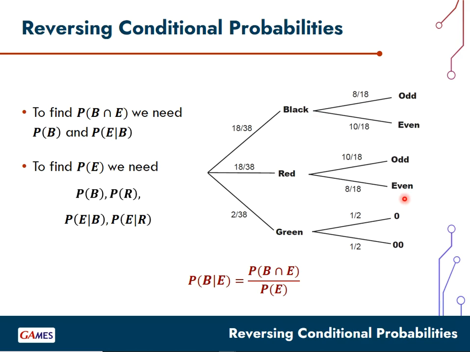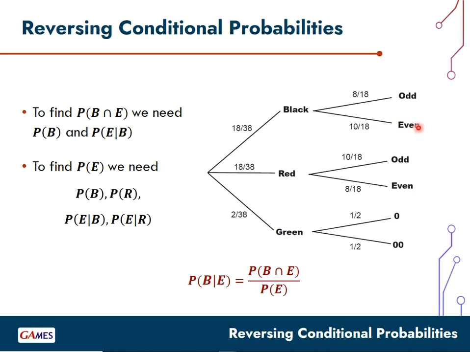E given B and also E given R, which means we need to re-express this P of E in terms of these conditional probabilities. Everywhere E occurs, the probability of E would be the total probability of all the evens that you have here.